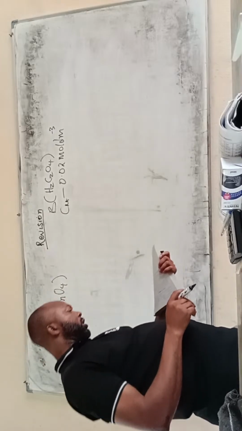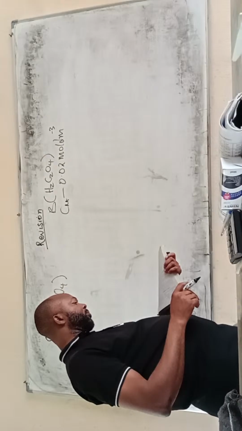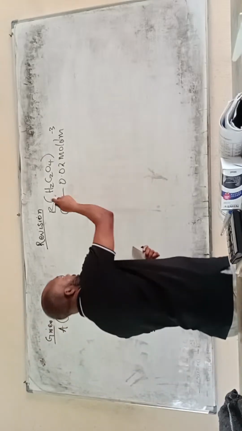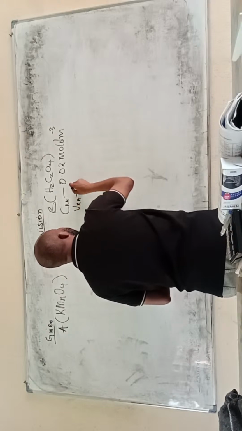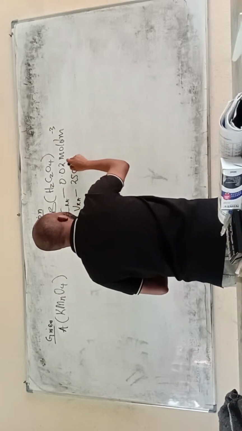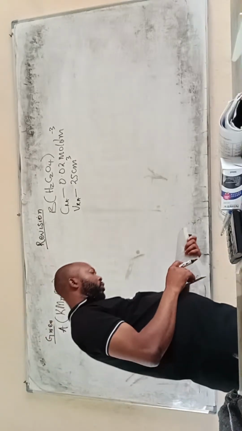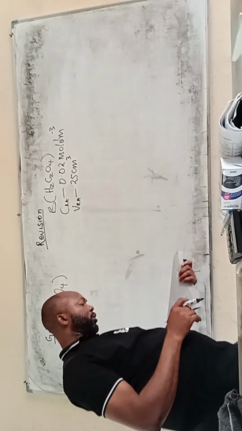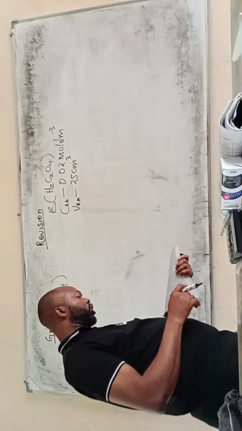Now, titrate solution A against 25 cm cube of solution B. This is B. So the volume of reducing agent is 25 cm cube. And we're told that 16.5 cm cube of A was required.